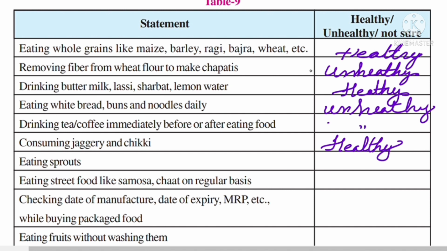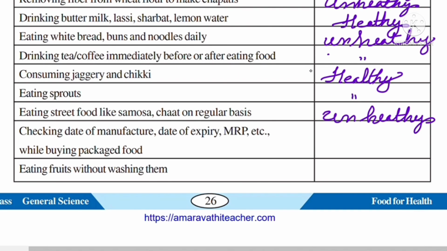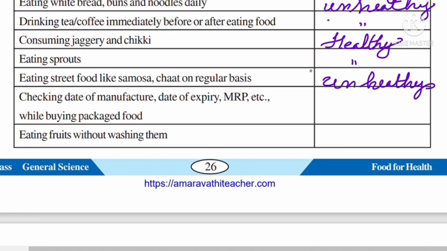Eating sprouts is also healthy. Eating street food like samosa and chaat on a regular basis is unhealthy. Checking the date of manufacture, date of expiry, MRP, etc. while buying packaged food is healthy.